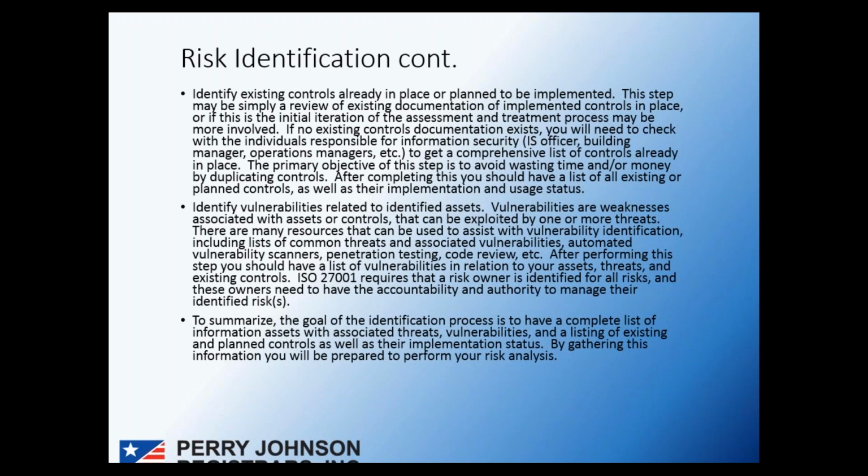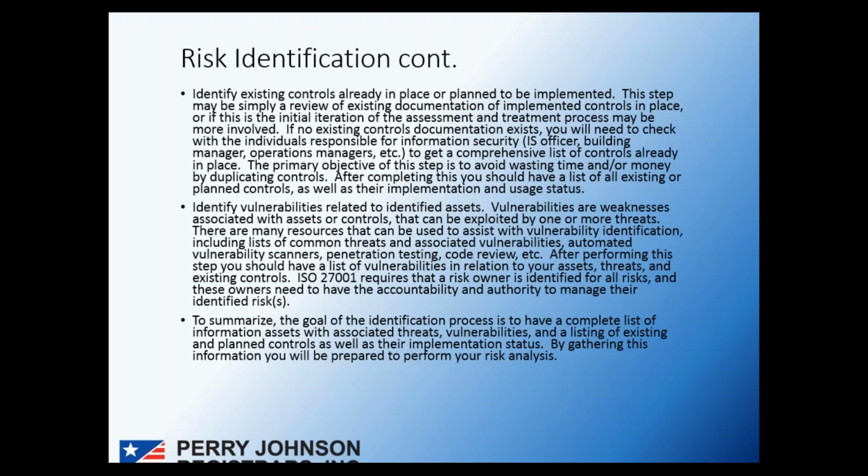It could be the IS officer, a building manager, or operations managers, to get a comprehensive list of controls already in place. The objective of this step is to avoid wasting time and money by duplicating controls. After completing this step, you should have a list of all existing or planned controls, as well as their implementation and usage status.